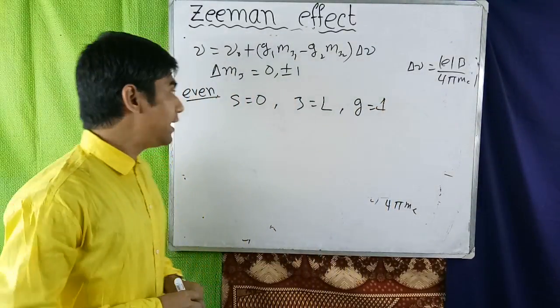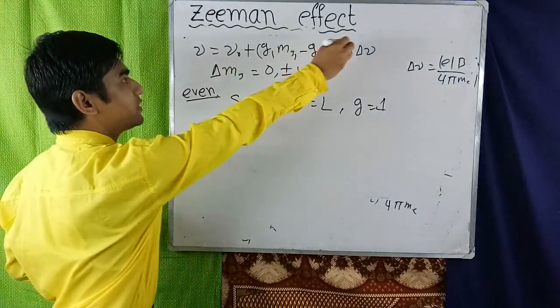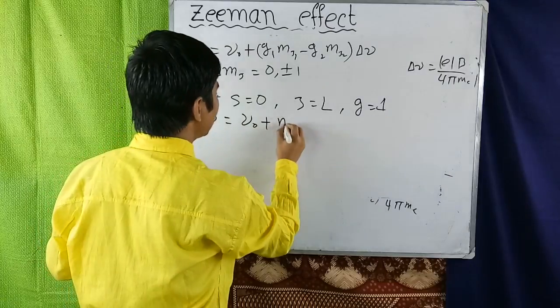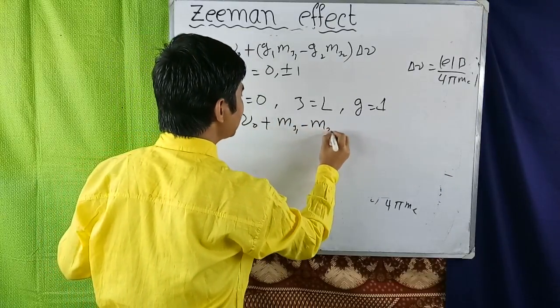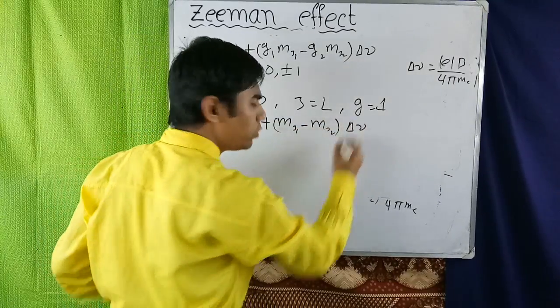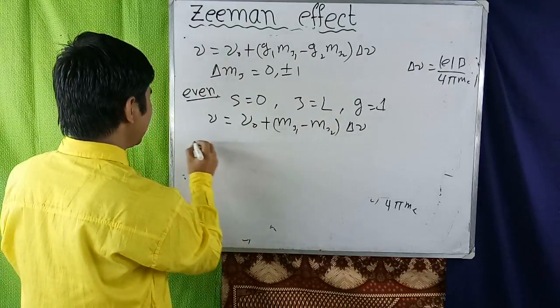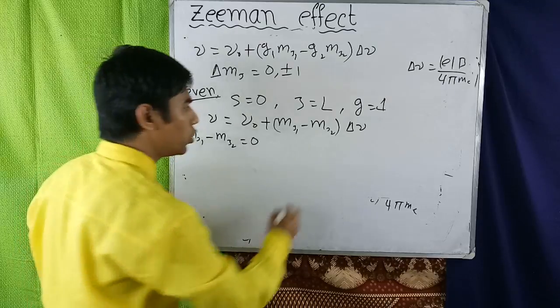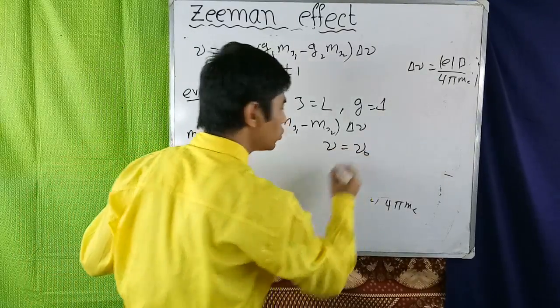Okay. And so from this equation we may write nu equals to nu 0 plus mj1 minus mj2 into delta nu. Now when mj1 minus mj2 equals to 0, nu equals to nu 0.